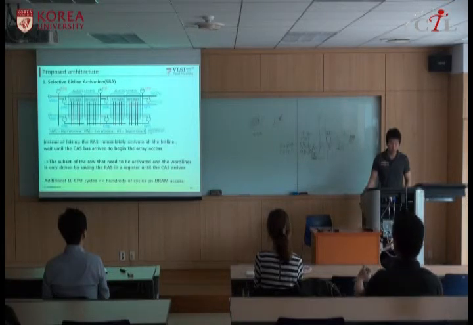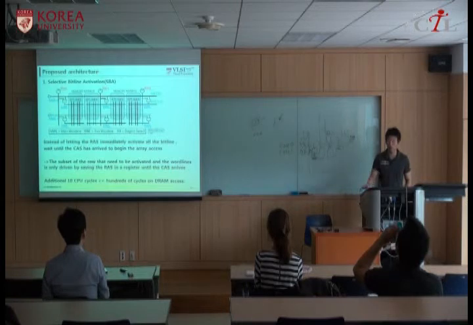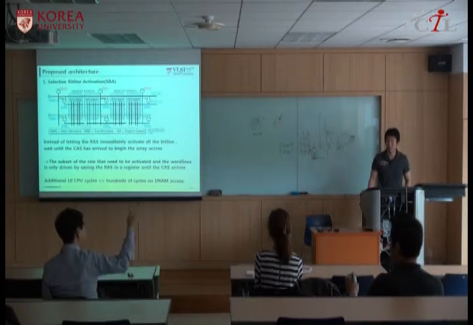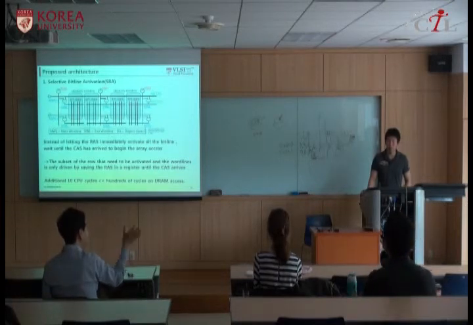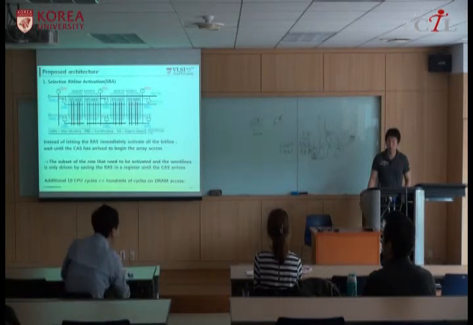So in conventional DRAM, it activates the whole row. Here you have a mask bit, and you are masking off unrelated sections of the row and unmasking only the selected columns. That's what they are suggesting.